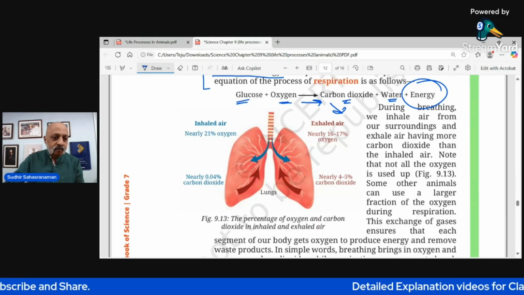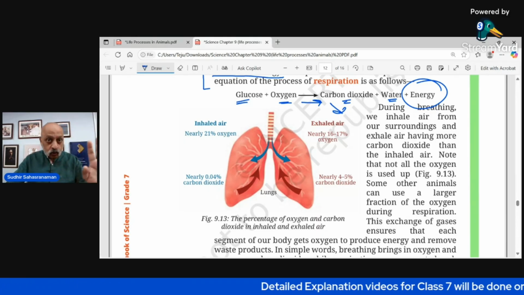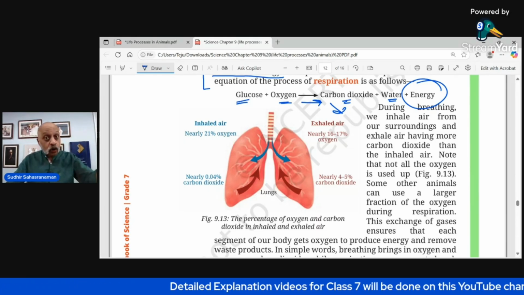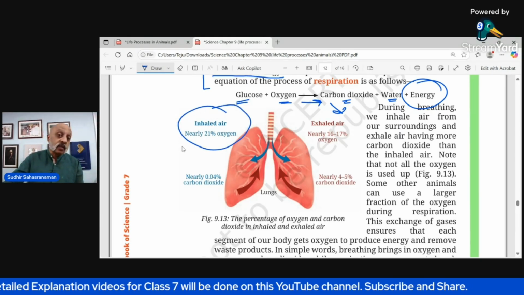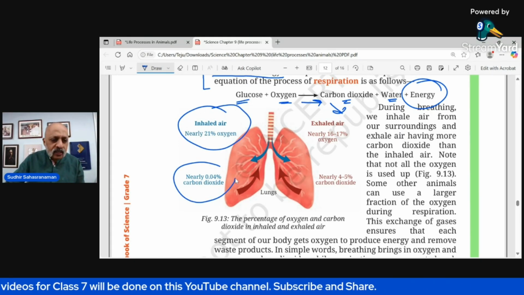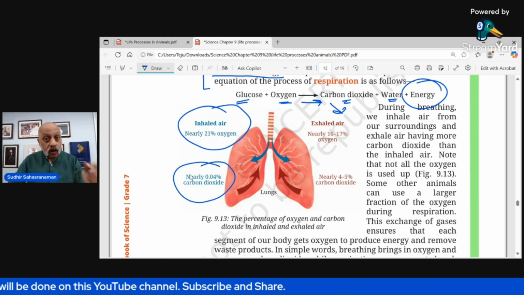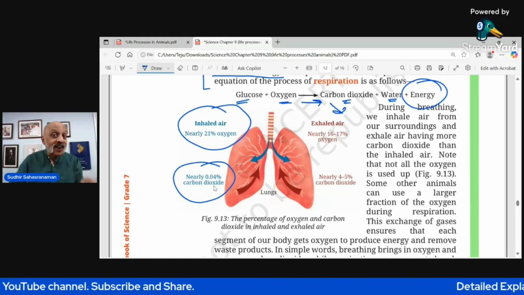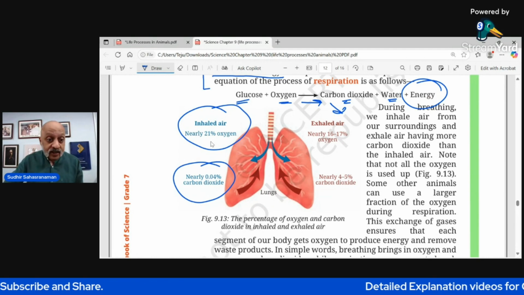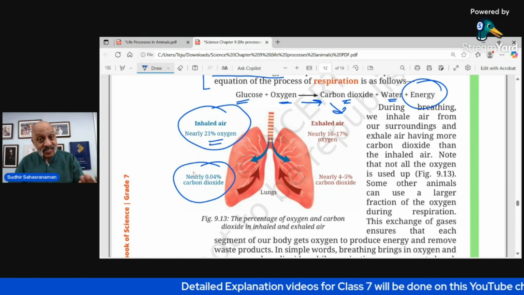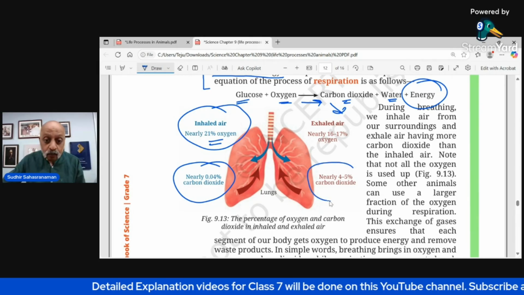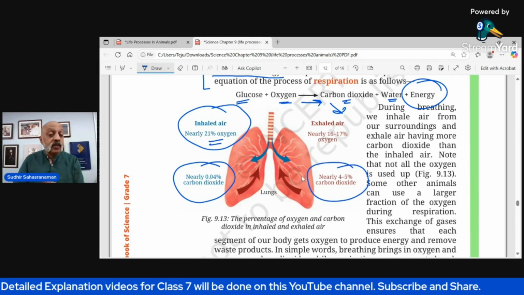When we are inhaling, we are not counting the nitrogen, which is also there in sufficient quantity in the atmosphere. So the inhaled air has about 21% oxygen, but only 0.04% carbon dioxide. So very little, almost negligible carbon dioxide, but 21% oxygen. But when we are exhaling, about 4 to 5% carbon dioxide.